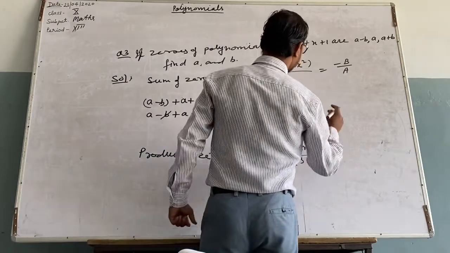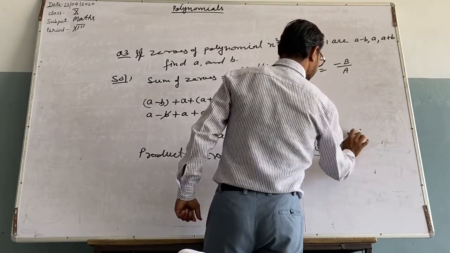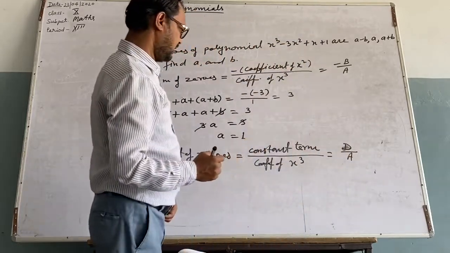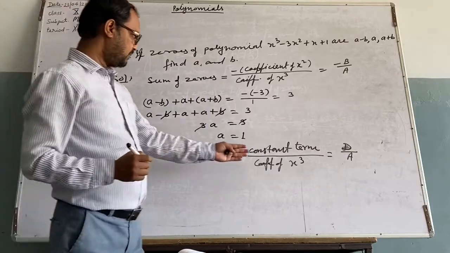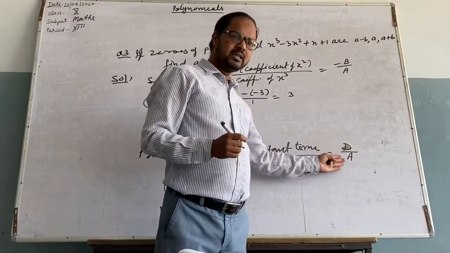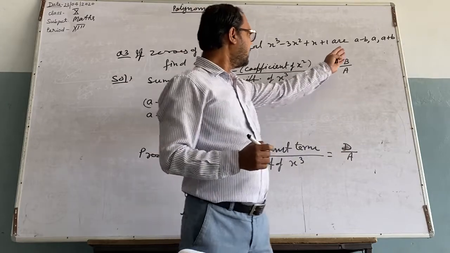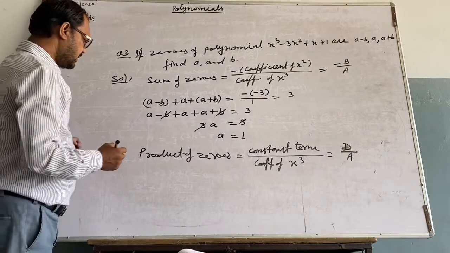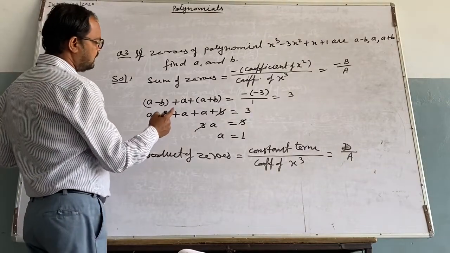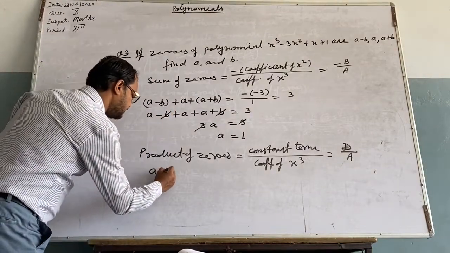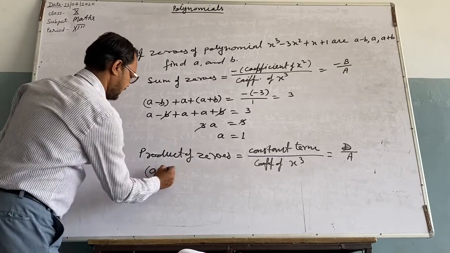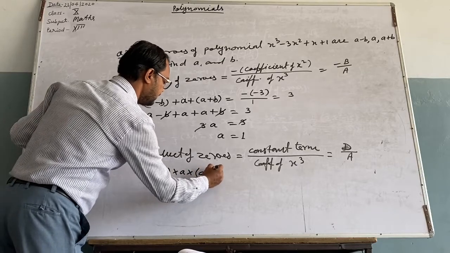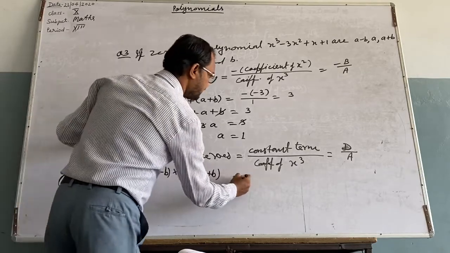Constant term is d, so you can write here capital D upon A. As we have told you, we are using capital A and capital B here because small a, b are being used in them as zeros. So using this, we will find that A minus B, and the second is A, the third zero is A plus B gives you D upon A.